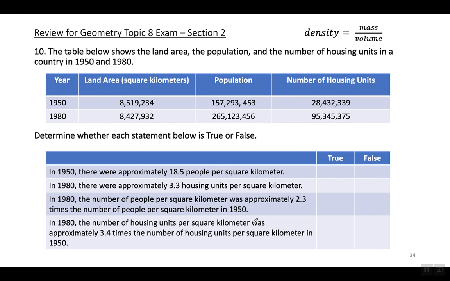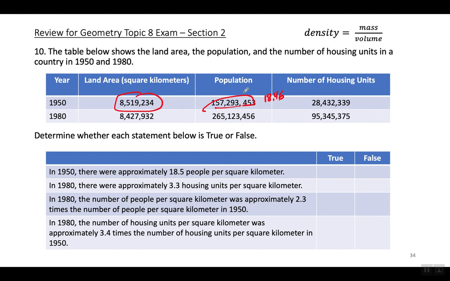When I divide that, the population density is approximately 18.46. I got that by dividing this number by this number right here.